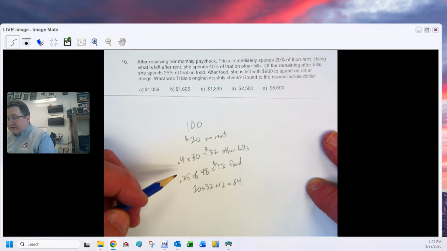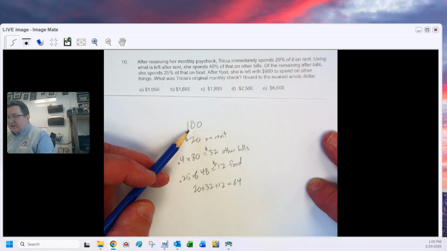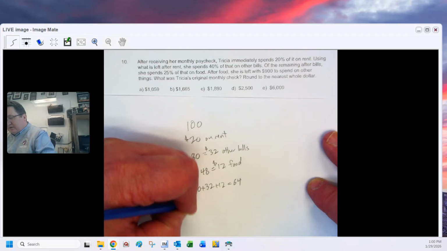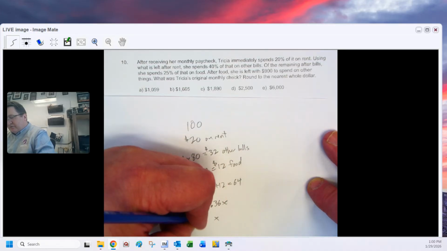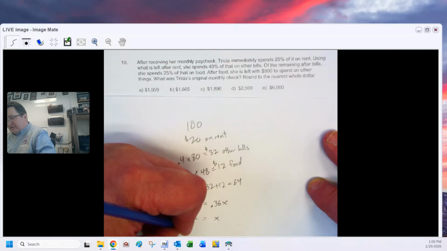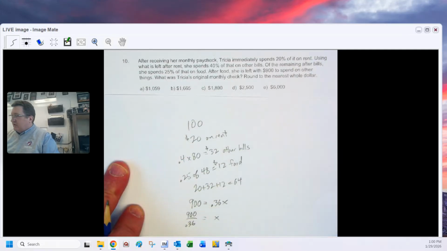So she spent $64 on things, and that means she still has 36% of her paycheck left, right? And so $900 is 36% of her paycheck. If we took 900 and divided it by 36%, we are going to have our answer.